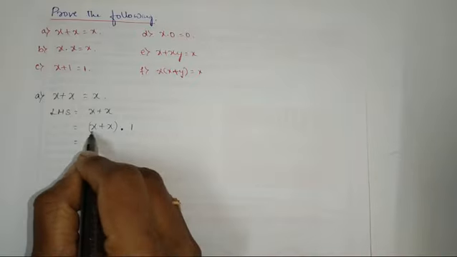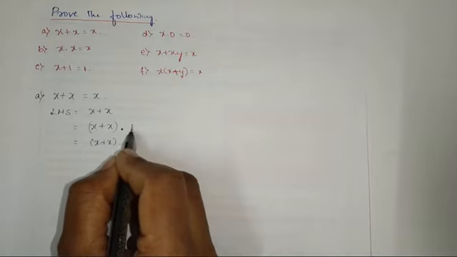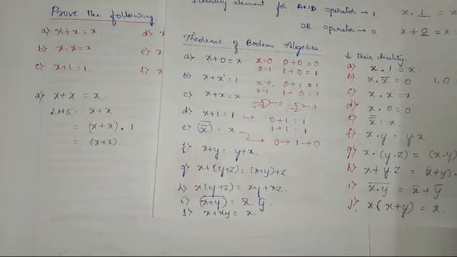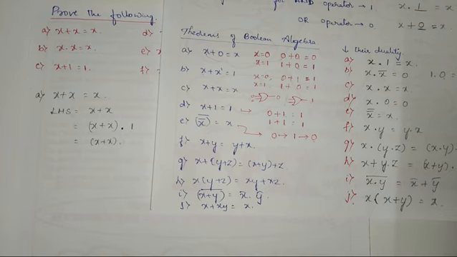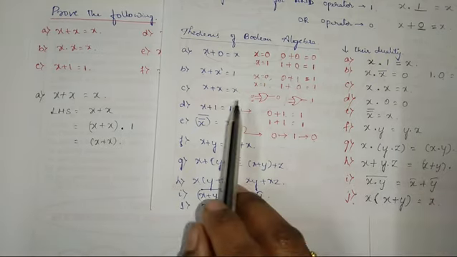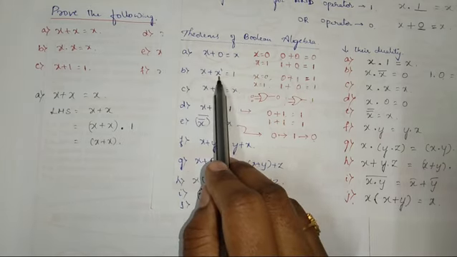Next, you take x plus x as it is. In place of 1, what can I write? See here, I am making use of the 10 identities that we have already written and learnt. In place of 1, can I write x plus x bar?